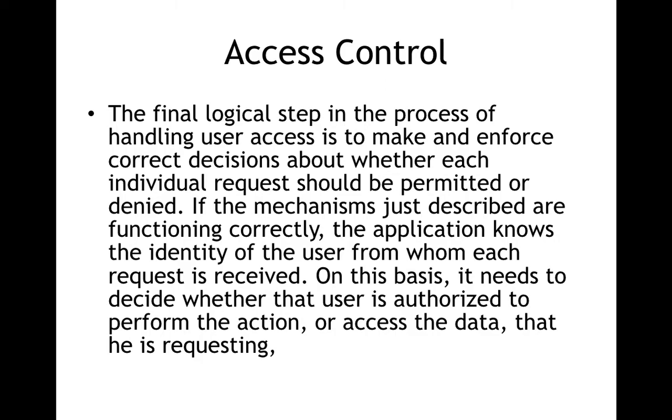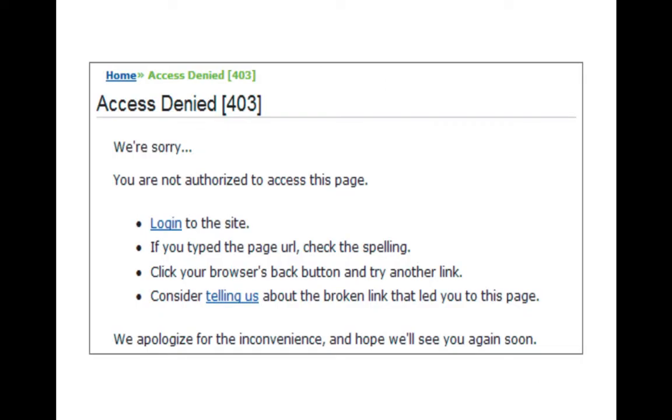If the preceding mechanisms are functioning correctly, the application knows the identity of each user from whom each request is received. On this basis, it needs to decide whether that user is authorized to perform the action or access the data that he is requesting. So this is like an access denial. The message will appear in the browser.